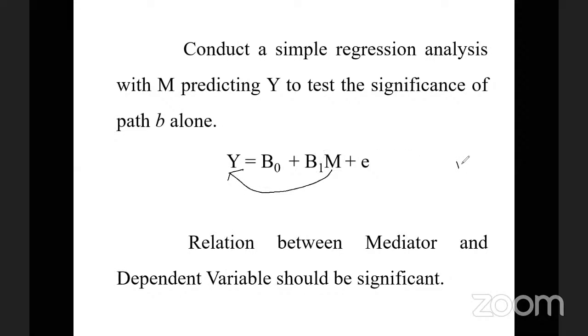Here y is the dependent variable, x is the independent variable, and m is the mediator variable. In the third step, the relationship between the mediator and the dependent variable should be significant, with p value less than 0.05.